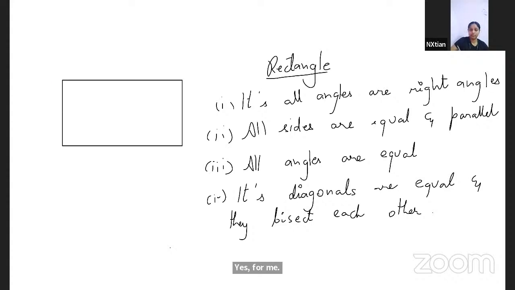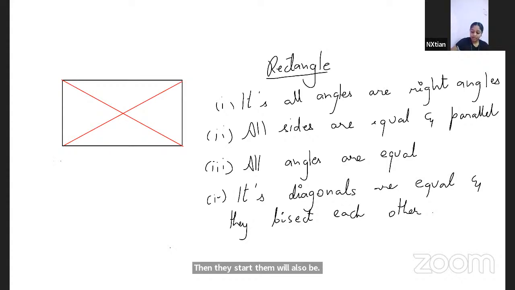What do you mean by its diagonals are equal? See, diagonals are of equal measure. I have a rectangle made. If one diagonal, suppose this one, is 6 centimeters, then this diagonal will also be 6 centimeters.